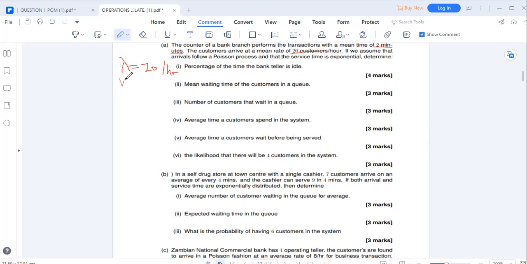Our service rate for this problem is what is important, which is 30 per hour from the workings. From here, you can substitute and get whatever we need. The first question asks us to find the percentage of time the bank teller is idle. Other questions in this pamphlet use the same 7 formulas that we have there.